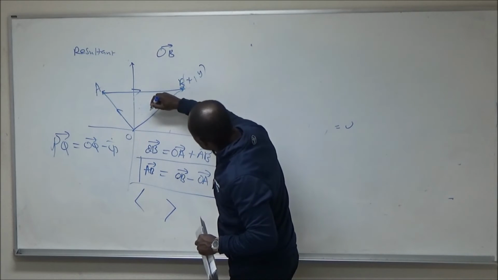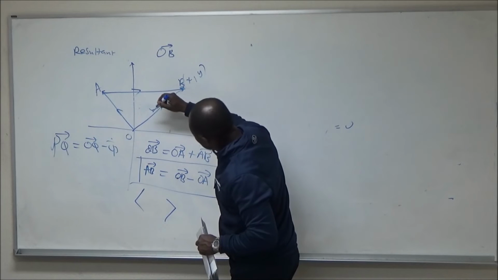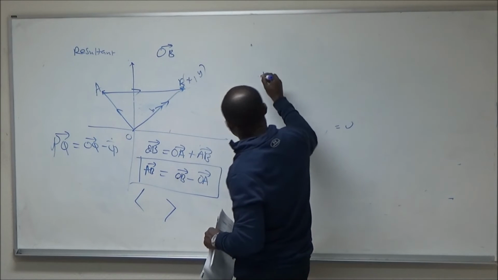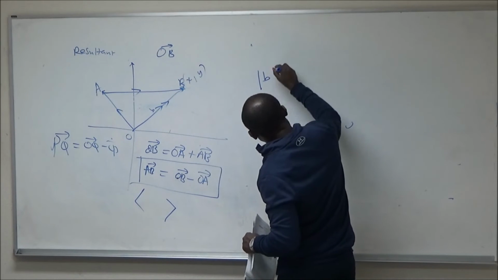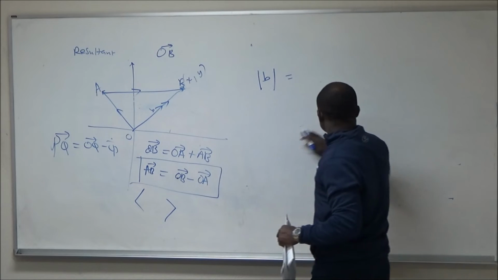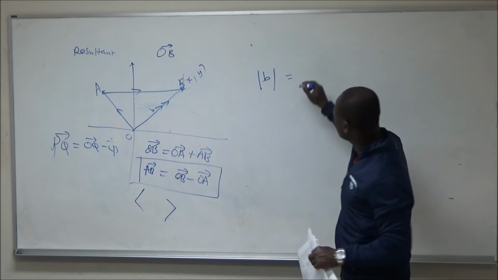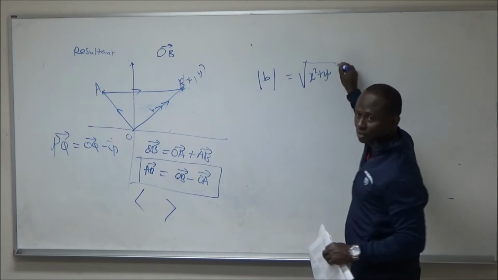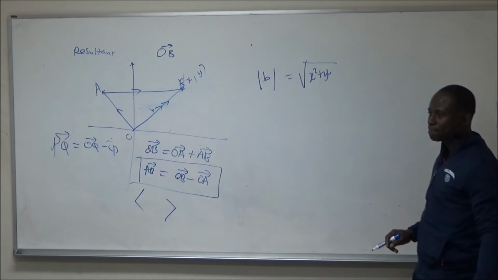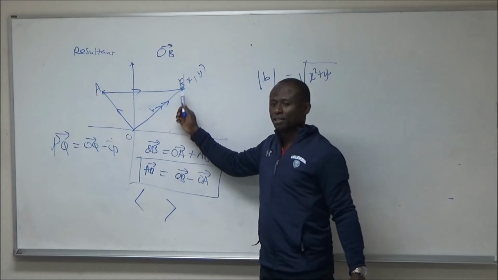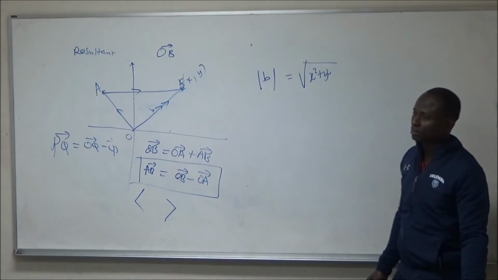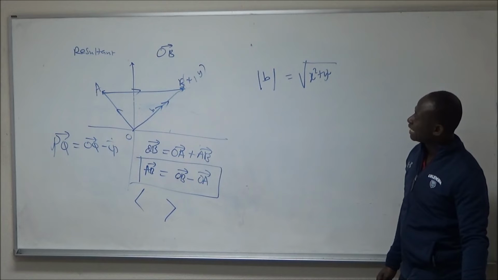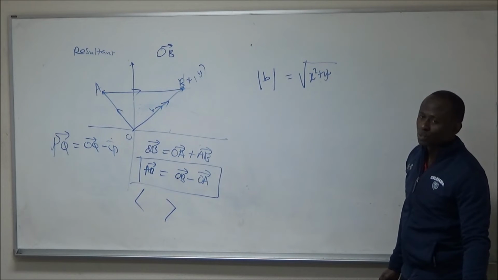And I'm going to call this vector small b. So the magnitude of small b is the common distance formula, which is root of x squared plus what? Y squared. You've seen that before. Yeah? So if you want to find the distance from A to B, just root of x squared plus y squared. Same thing.